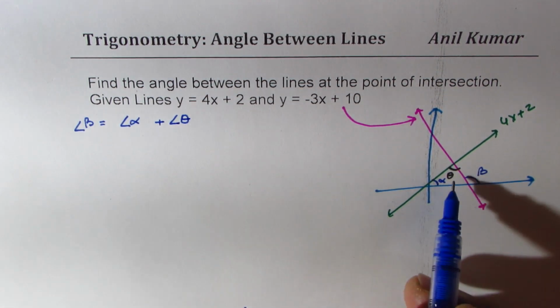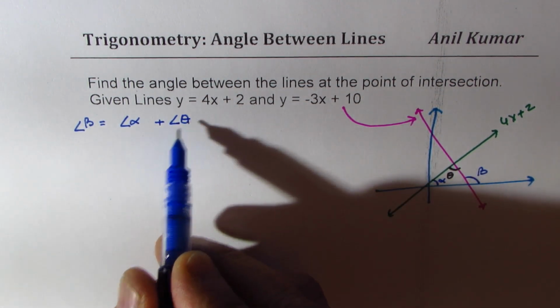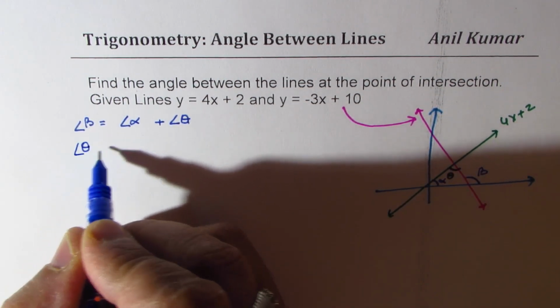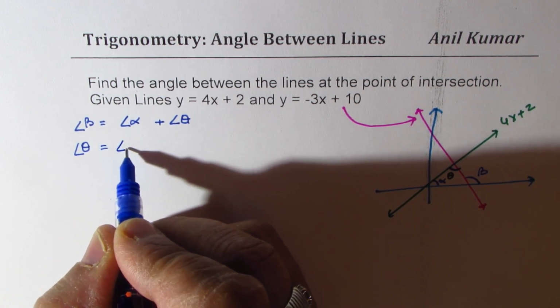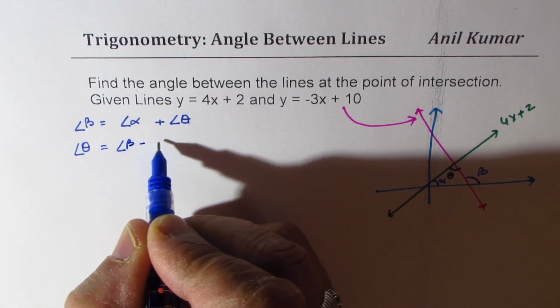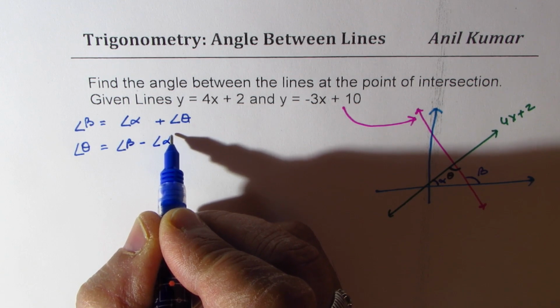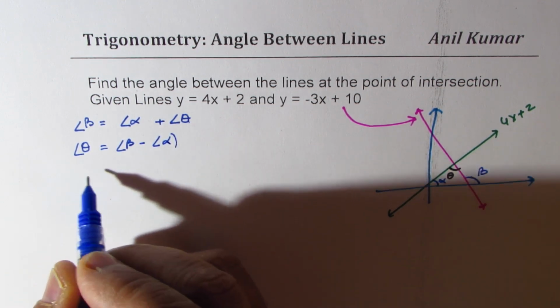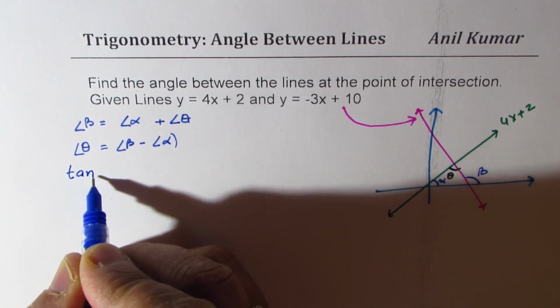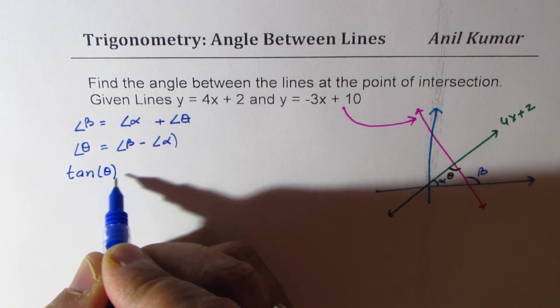Correct? So from here you can find theta as the difference of angle beta and angle alpha, and you can always use tan of theta to find this.